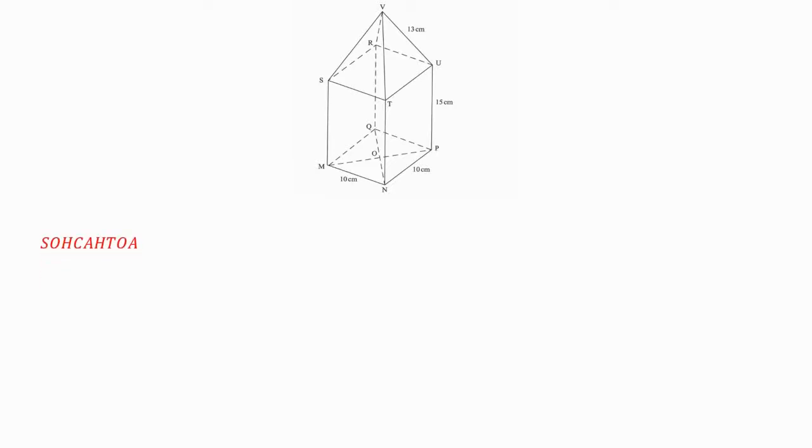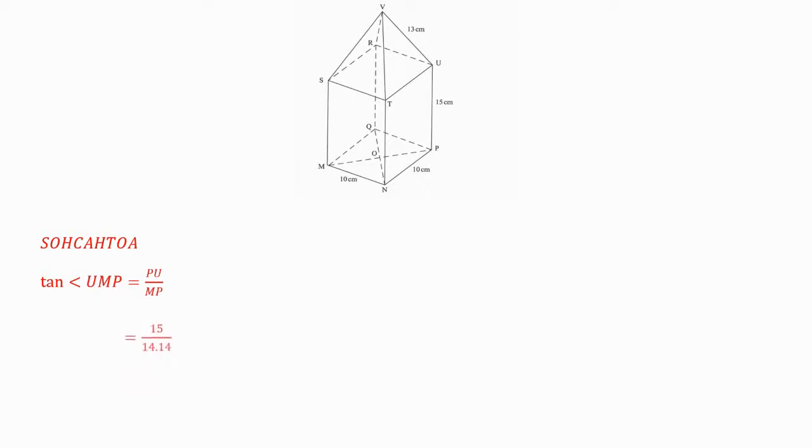In relation to angle UMP, we have the side MP, which is adjacent to angle UMP, and we have the side PU, which is opposite to angle UMP. Therefore, we can use tangent to find angle UMP. So, tan of angle UMP will be PU, which is the opposite, over MP, which is the adjacent.